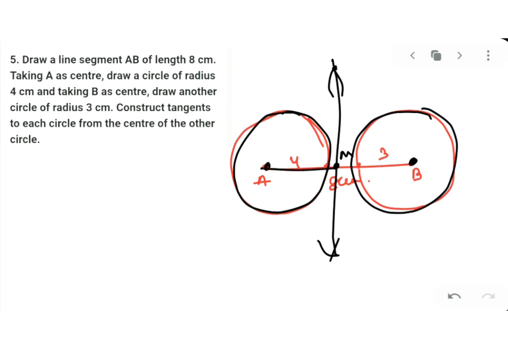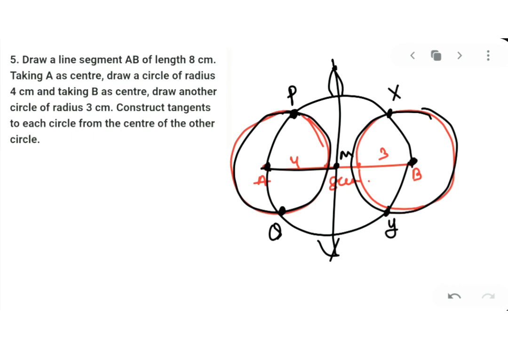Taking AM as the radius, you can make a circle. So AM as radius, I am making a circle. So now where it intersects the circle with center A, you can name it as P and Q. And where it intersects circle B, you can name it as X and Y. Got my point?